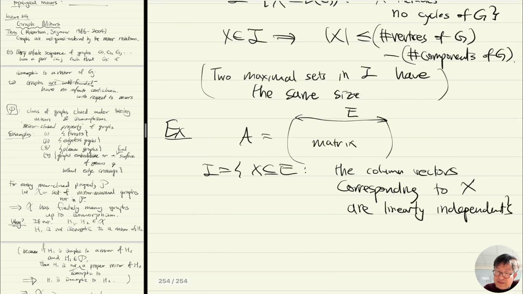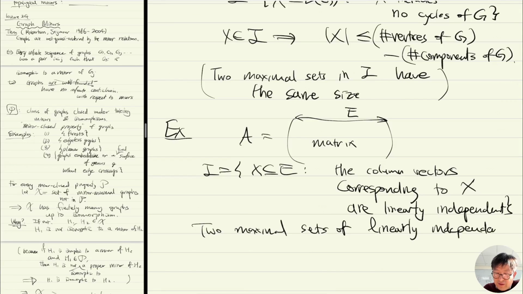Now, this is again an interesting fact that two maximal sets of linearly independent column vectors have the same size, which is the rank of the matrix, right?